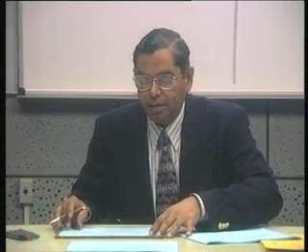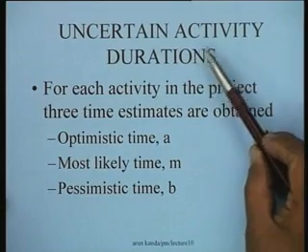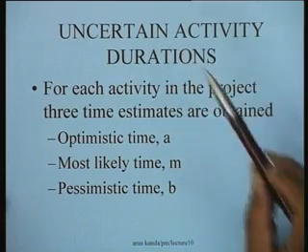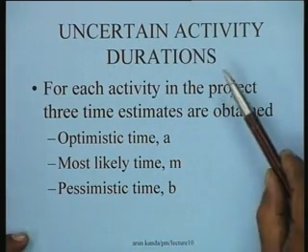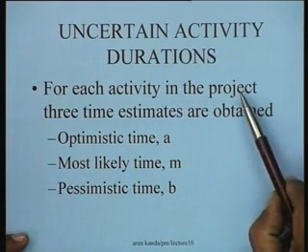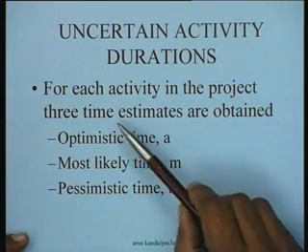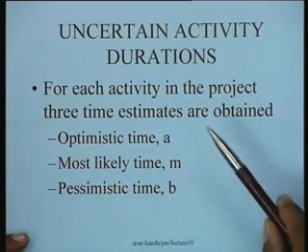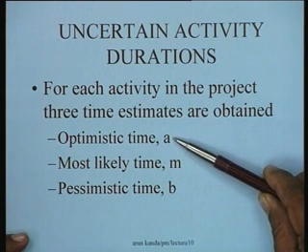The essential problem here is that activity durations are uncertain, and what is basically done in PERT is that for each activity in the project we assume that there are 3 time estimates. These 3 time estimates are typically referred to as the optimistic time.